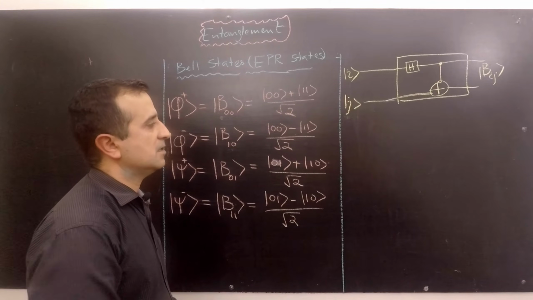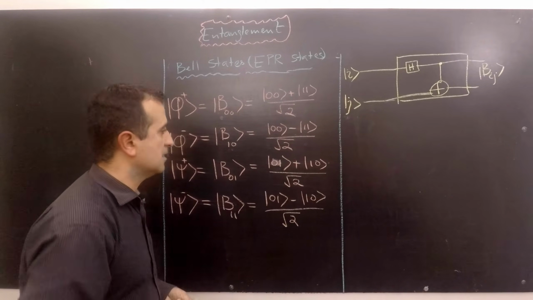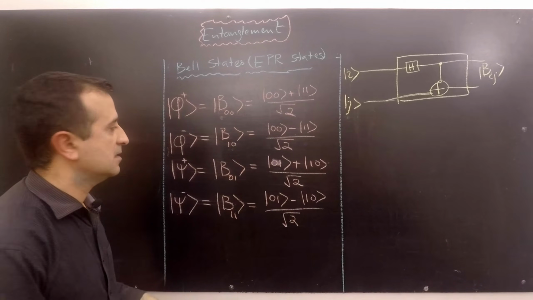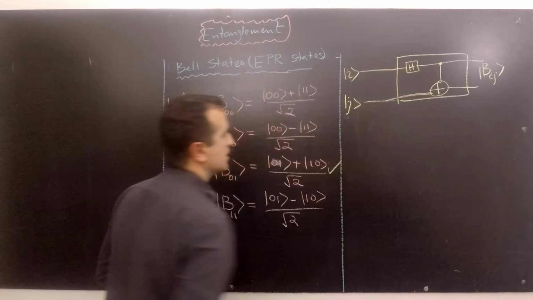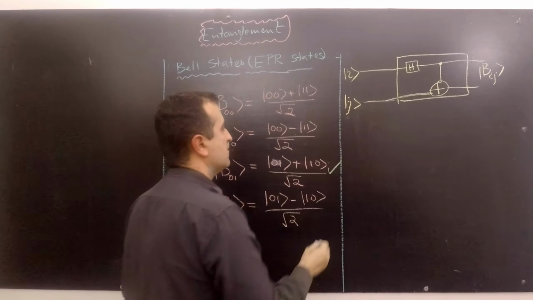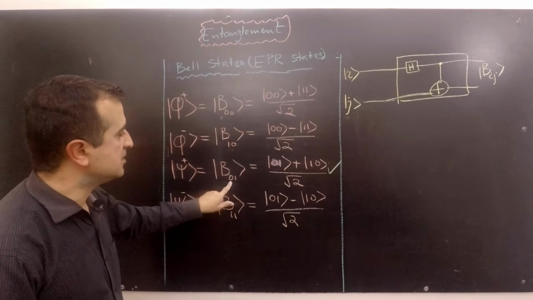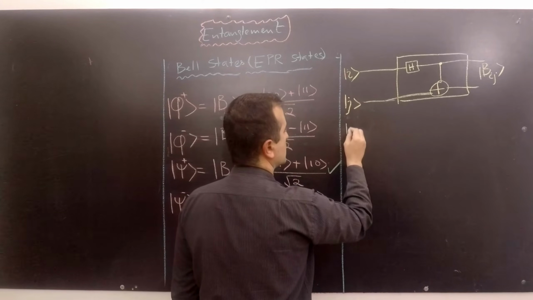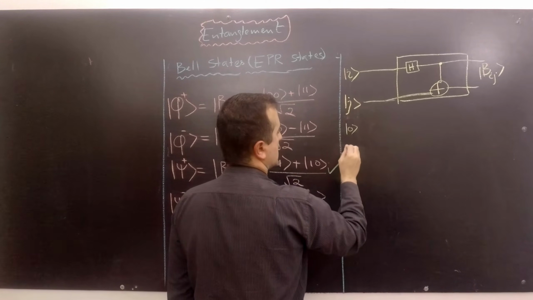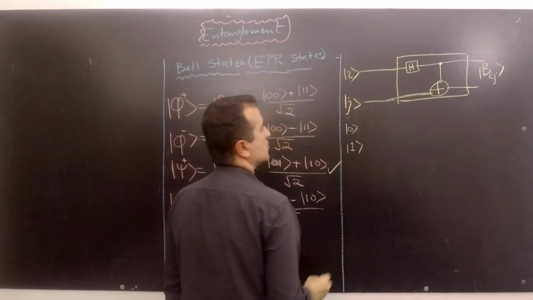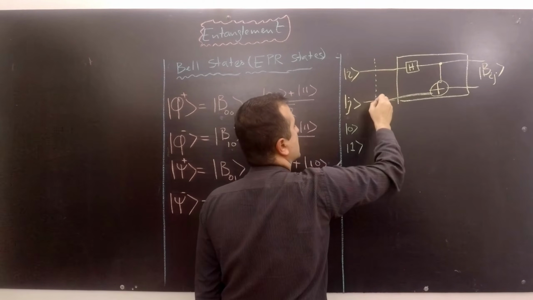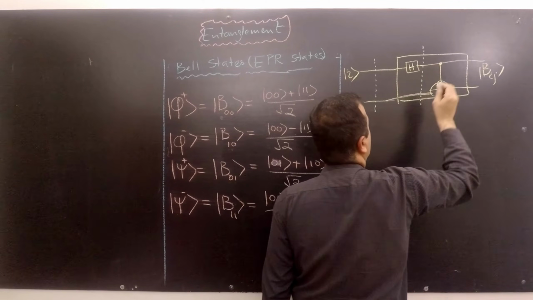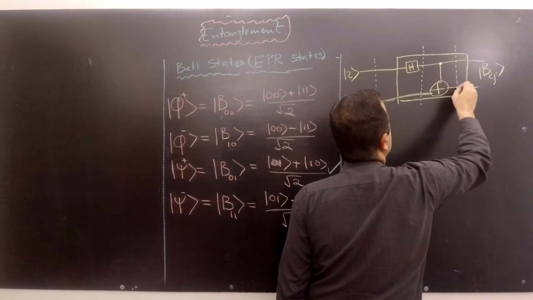Now let's use this circuit to create a Bell state. We can use this circuit to create any of these Bell states. Let's create this one. To create this Bell state, i will be 0 and j will be 1, so I give my input of 0 and 1. Maybe I describe different points where I can explain how the input is processed through the circuit.